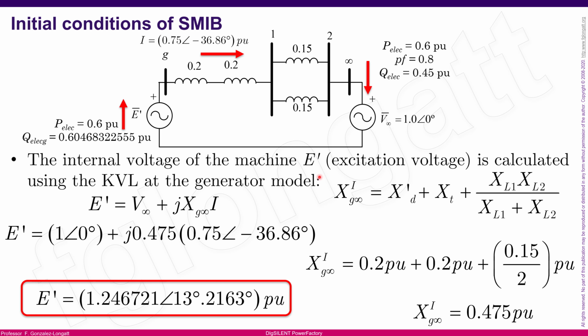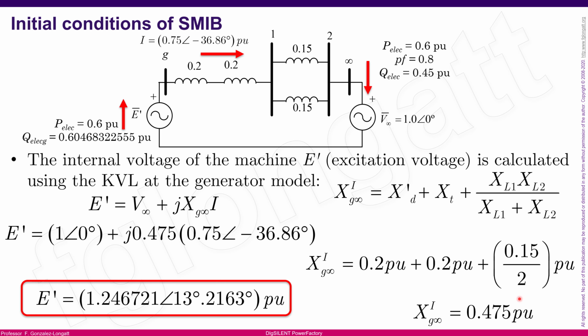Here you can see the equation. We can say that the reactance that is connecting the generator and the infinite bus bar is equal to the transient reactance X'd of the generator, plus the reactance of this transformer, plus the parallel between those two transmission lines, okay? The good news is that the two transmission lines have the same value, 0.15, and we can put together 0.2, 0.2, and 0.15 divided by 2.